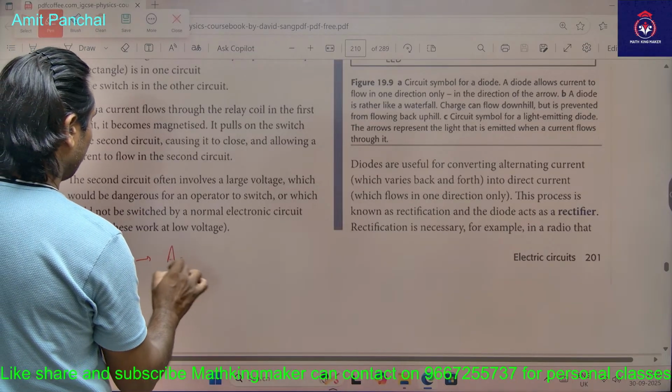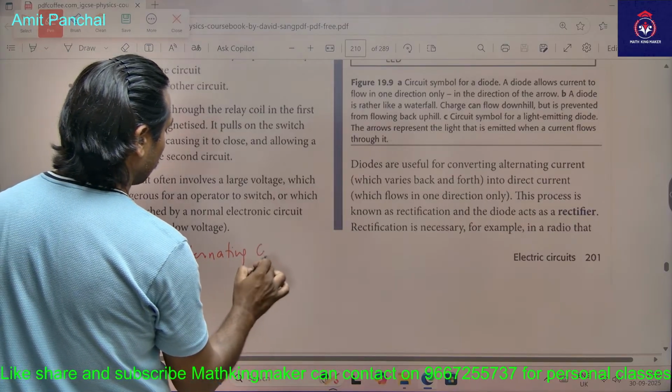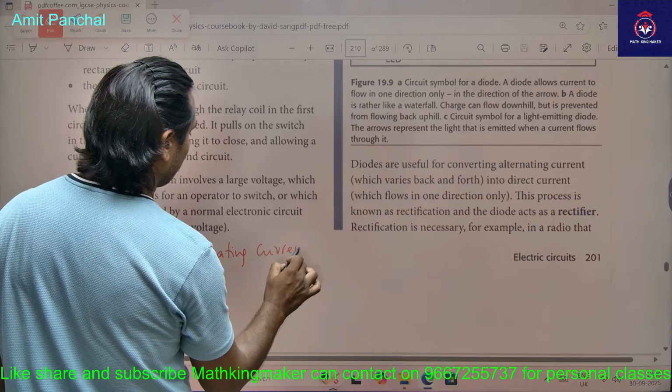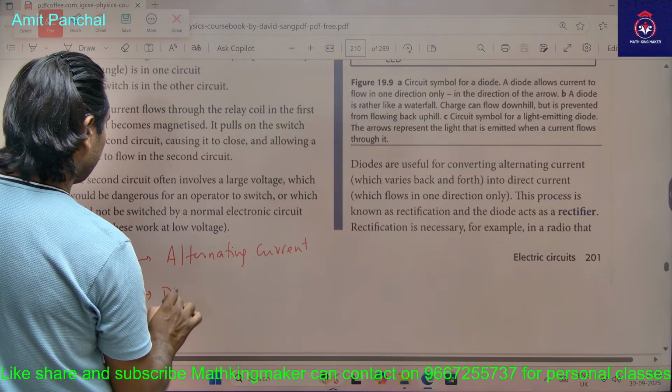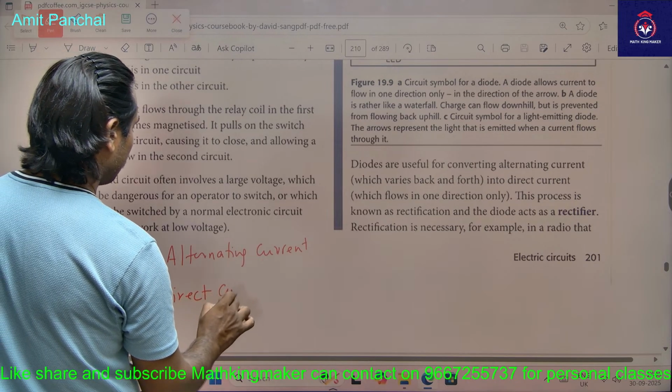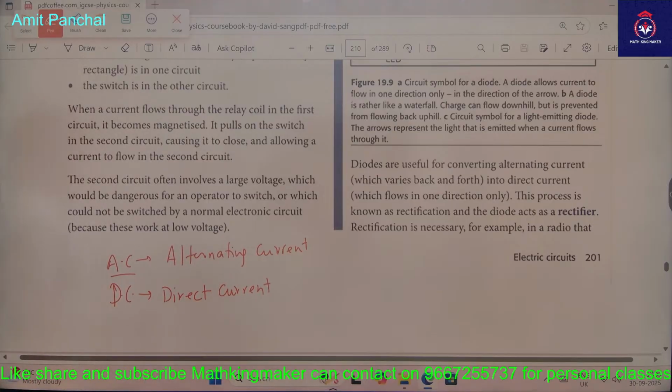AC is your alternating current, and DC is your direct current. You can see the point by which you are charging your laptop.